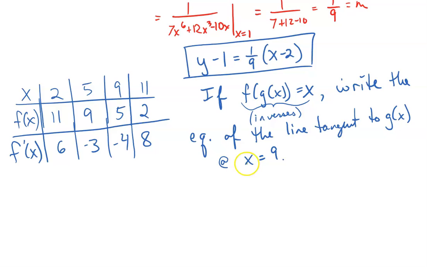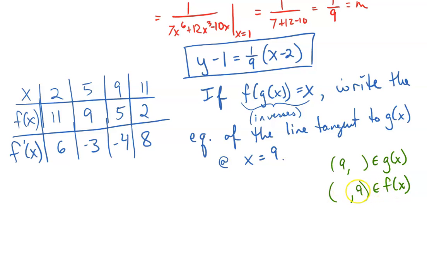Let's go through this here. So x equals 9. Again, first thing we do is we write ordered pairs. So 9 comma something is on the inverse function, which is g of x, and that corresponds to something comma 9 on the original function f of x. We know nothing about g of x, no ordered pairs, nothing other than f and g are inverses. First thing we do is we need to figure out what goes in here. We don't know about g, so let's look at our chart for f.